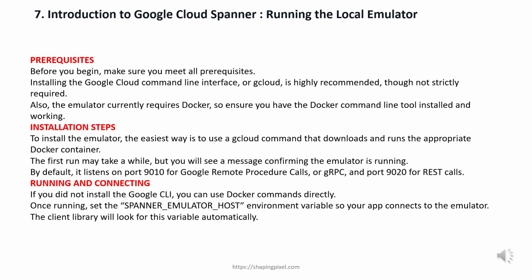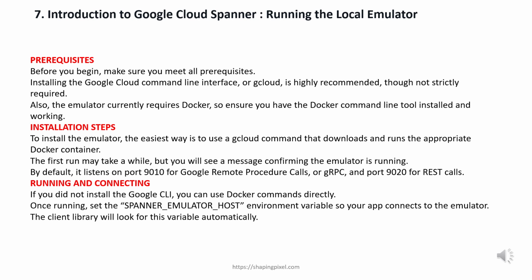To install the emulator, the easiest way is to use a gcloud command that downloads and runs the appropriate Docker container. The first run may take a while, but you will see a message confirming the emulator is running. By default, it listens on port 9010 for Google Remote Procedure Calls, or gRPC, and port 9020 for REST calls.